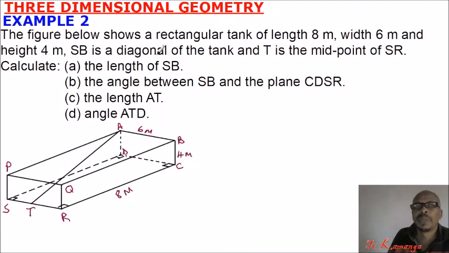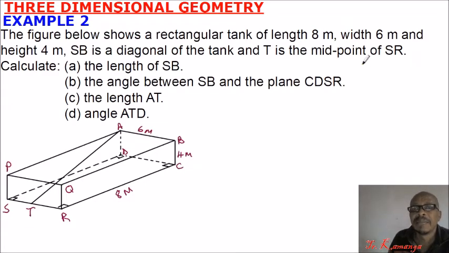Example 2, we are told the figure below shows a rectangular tank of length 8 meters, width 6 meters and height 4 meters. SB is the diagonal of the tank.